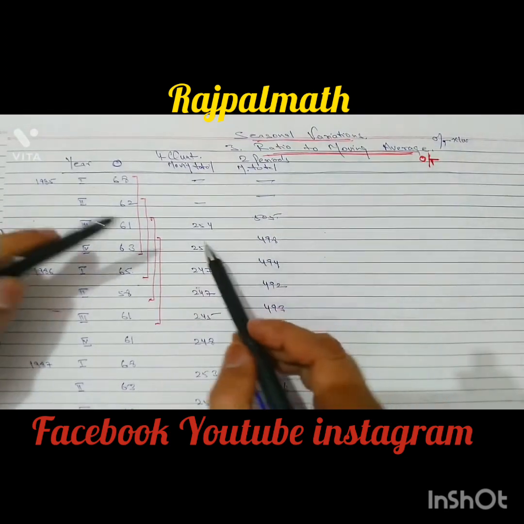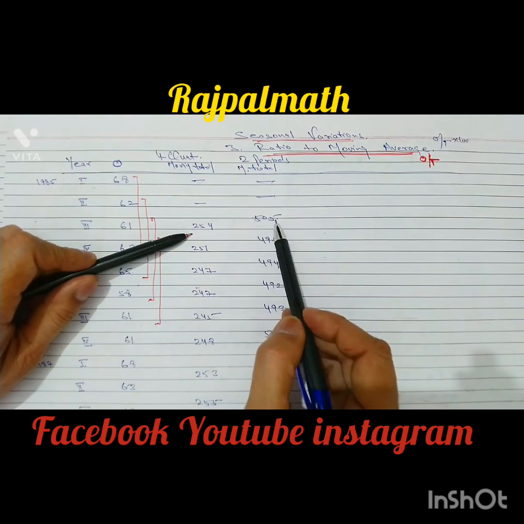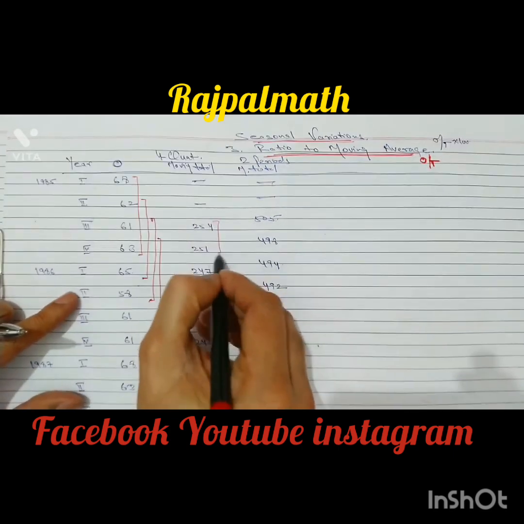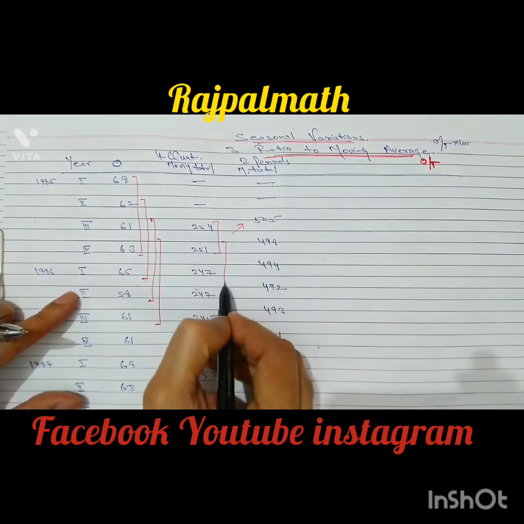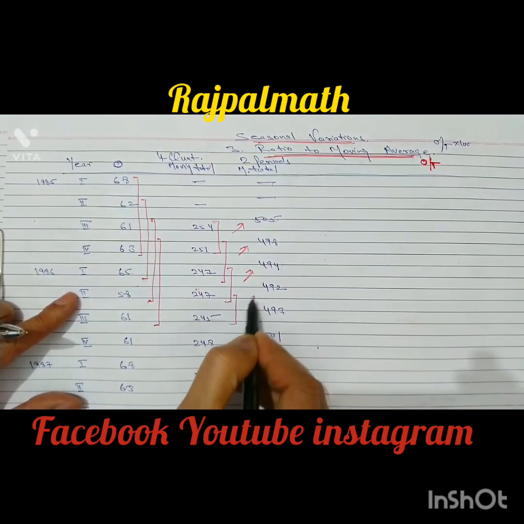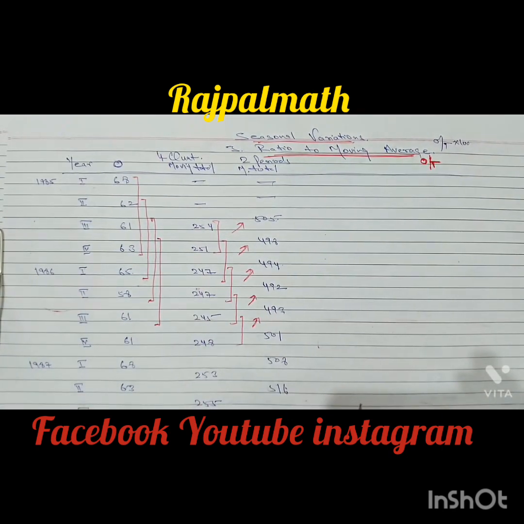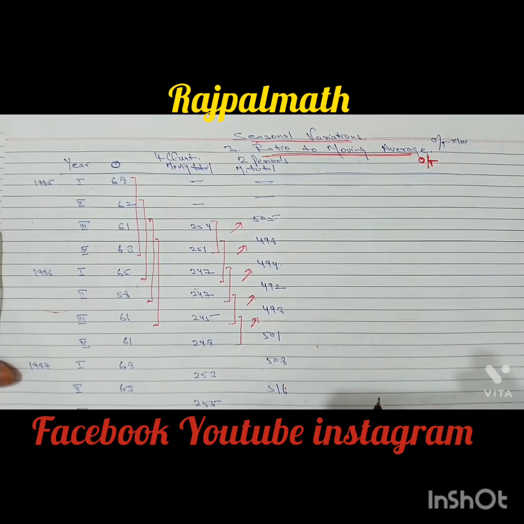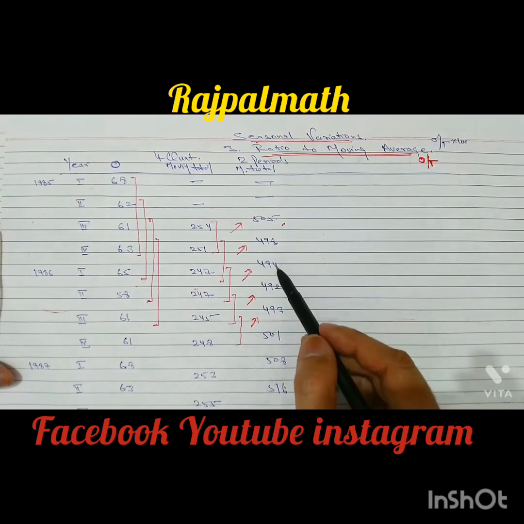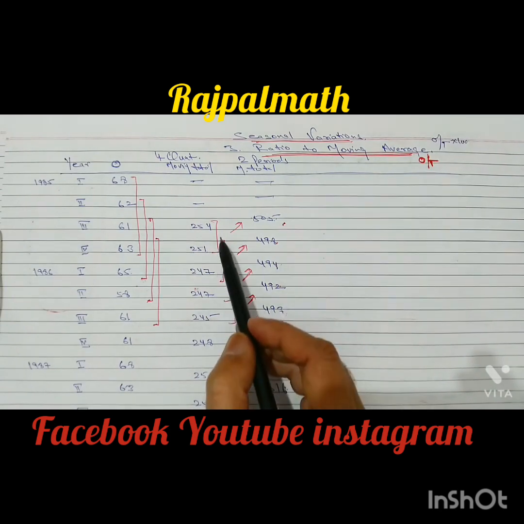Clear? The total of 254 and 251 is 505, the total of the first 2. Then the total of the next 2, and so on: 505, 498, 494, 492, 493, 501, 508 and 516.